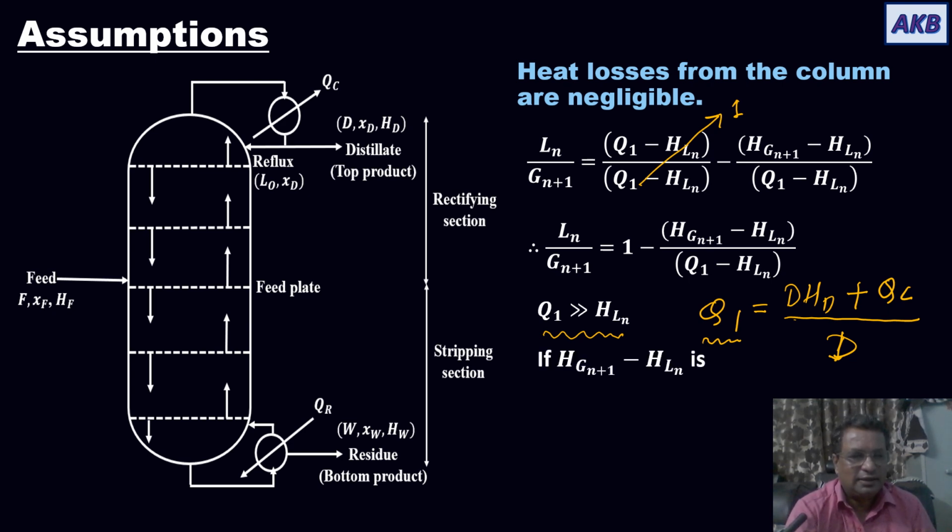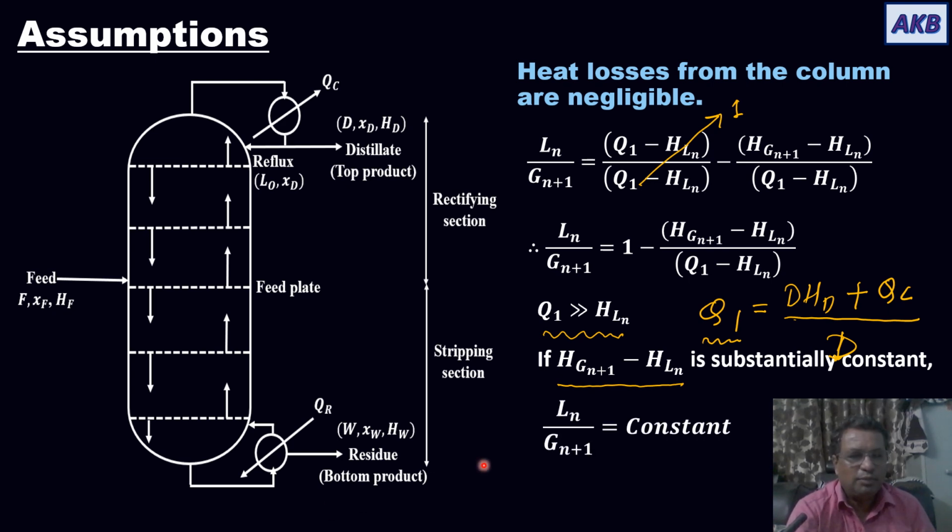And along with this, if the difference in the enthalpy of vapor and liquid phases is substantially constant, then you can conclude that Ln upon Gn plus 1 is also constant. Q1 is very much greater than HLn.